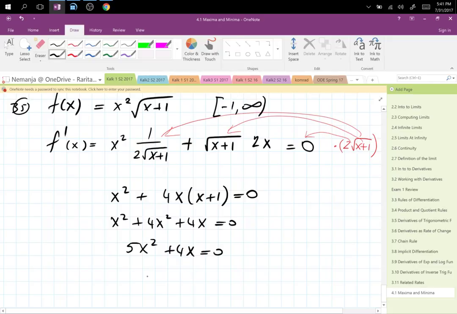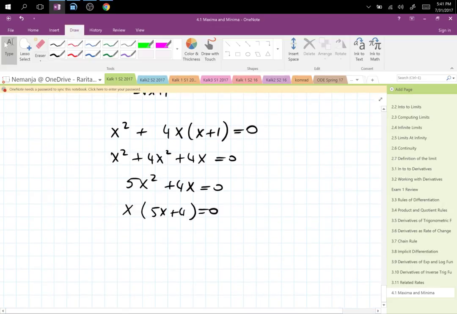The way to solve this is to factor out x and have x times 5x plus 4 equal to 0. Set each one to 0. We get x equals 0 and x equals -4/5. Both of these numbers are in the domain.